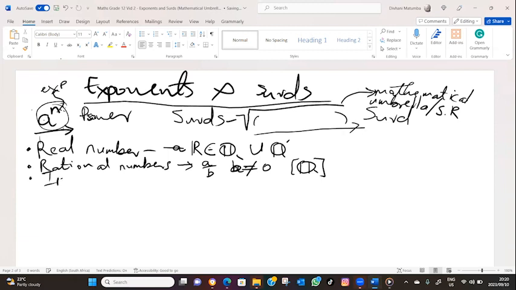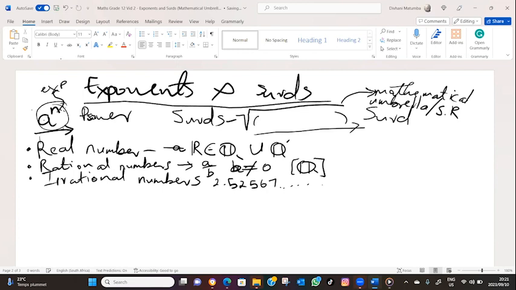Irrational numbers, now irrational numbers, when you punch them on a calculator, you will get a series of infinite and unpredictable values.